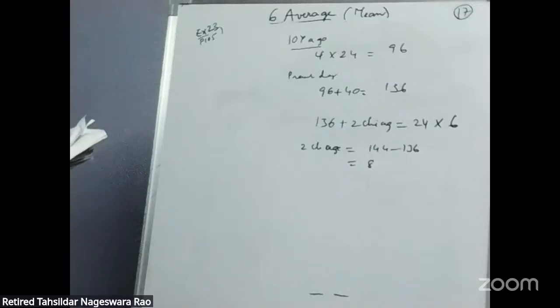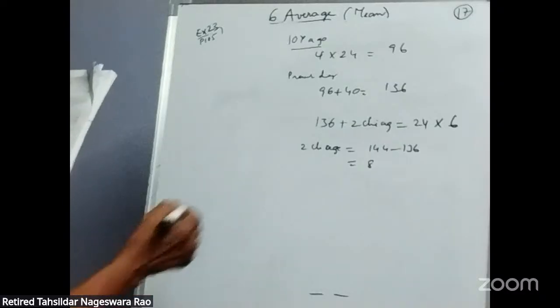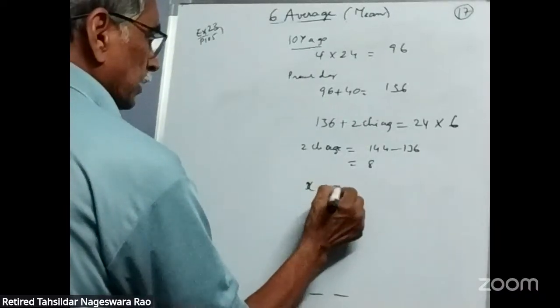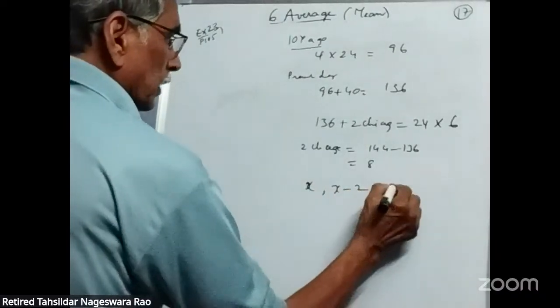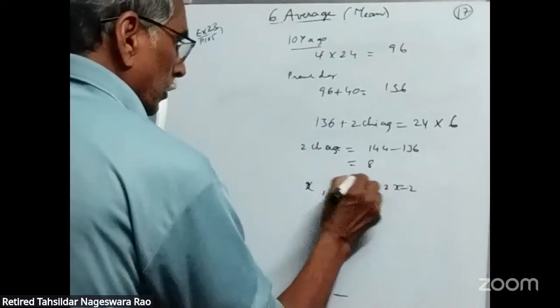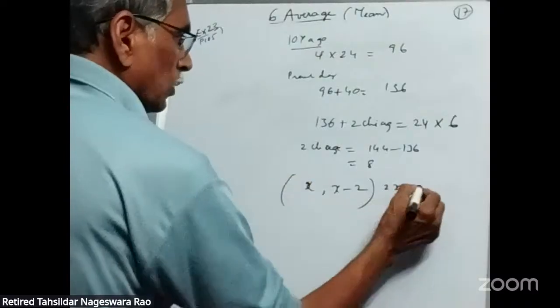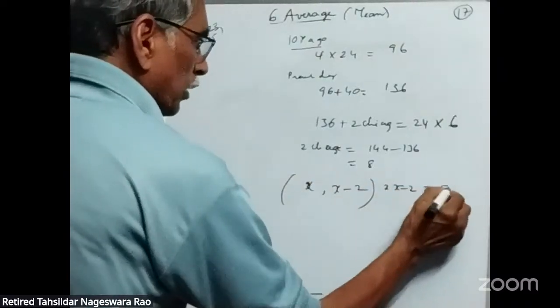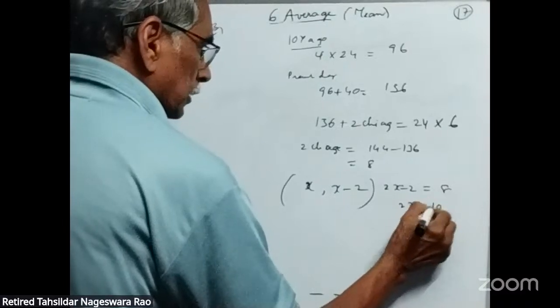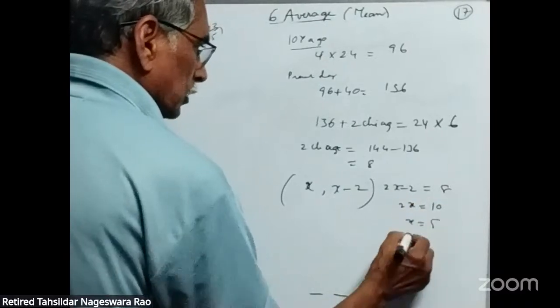One more data is given: they differ by 2 years in age. Ages will be x and x minus 2. The total, x plus x minus 2, 2x minus 2, will be 8. 2x is equal to 10, x is equal to 5.